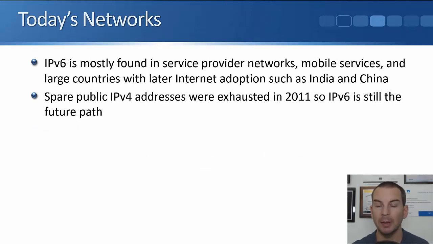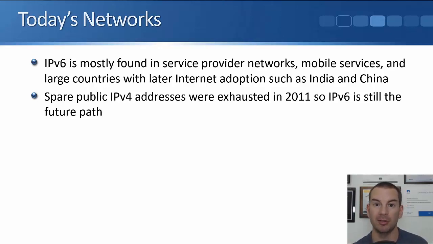So that's why it's been slower for everybody on the internet to move over to IPv6 than was originally expected. But IPv6 is still found in a lot of places, mostly in service provider networks. The majority of service provider networks will support both IPv4 and IPv6. You'll also see it being used for mobile services, like on your mobile phone, because there's lots of mobile phones and they're a relatively newer technology. So IPv6 was already out, there was already the shortage of IPv4 addresses, so for mobile services, they're mostly on IPv6.